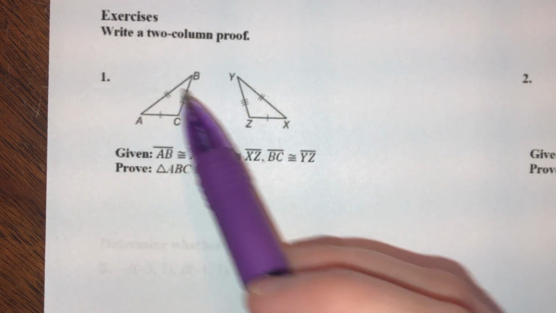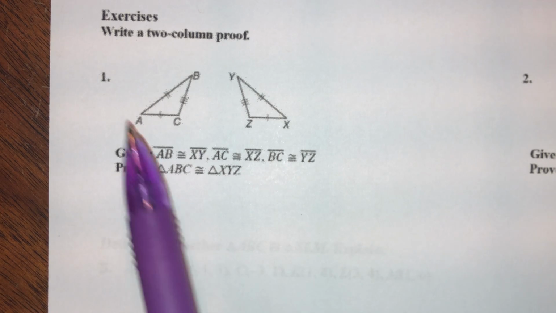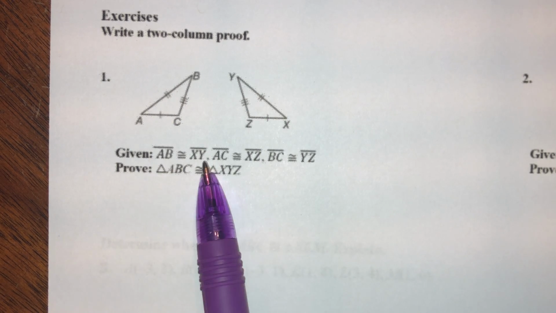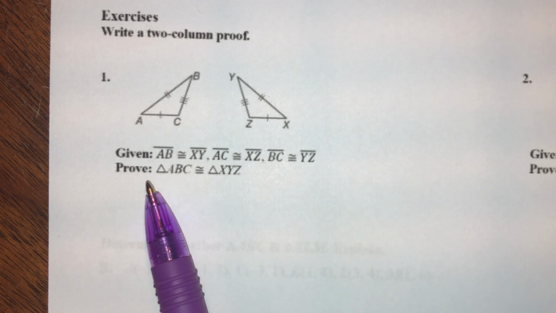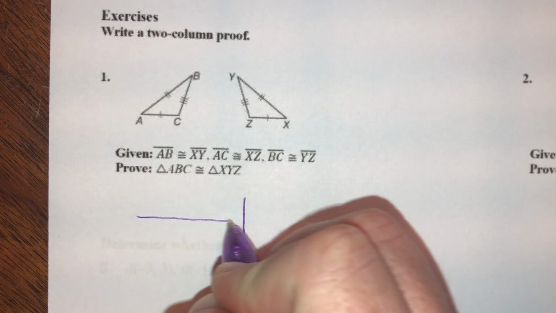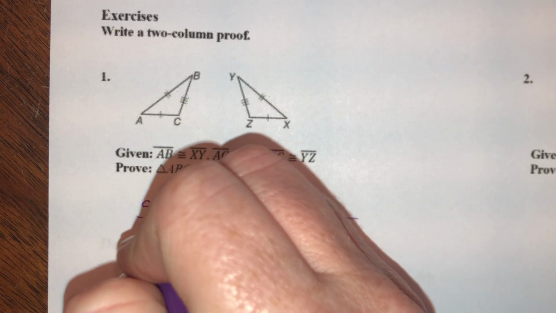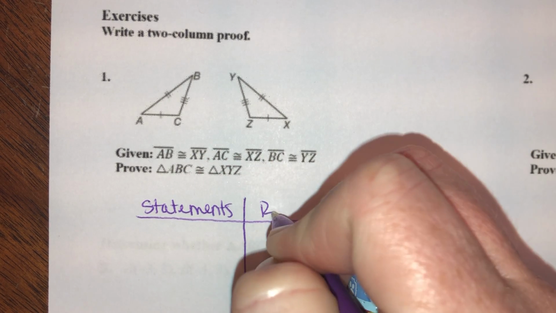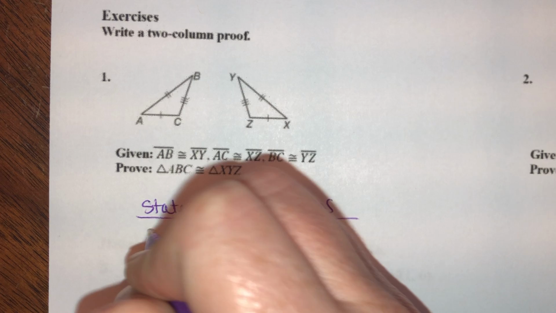All right, write a 2-column proof, it tells us here. So for number 1, we've got these 2 triangles, and it says given this, this, and this, prove our triangles are congruent, right? So I'm going to write my 2-column proof. I don't know how long it's going to be, so I'll just kind of make it whatever. Statements. Don't forget to label your proofs. Reasons.